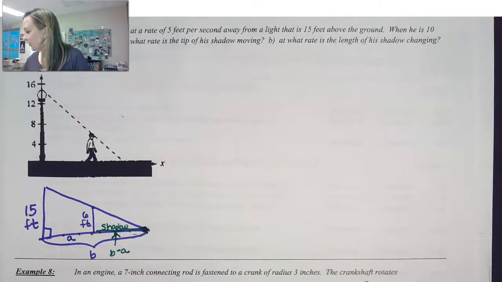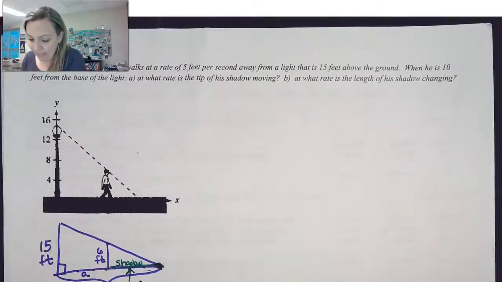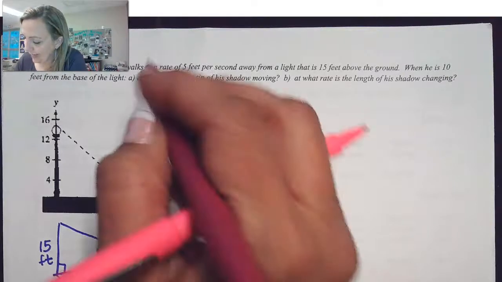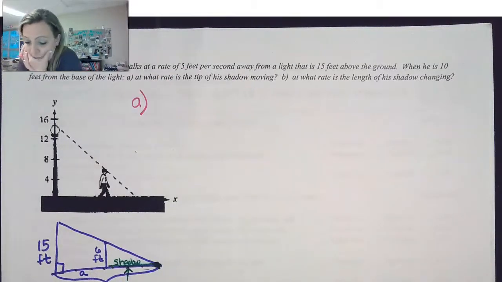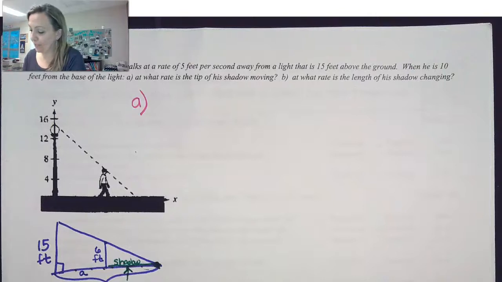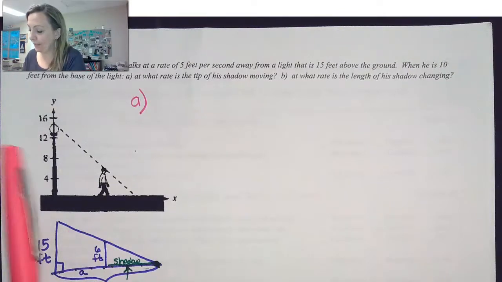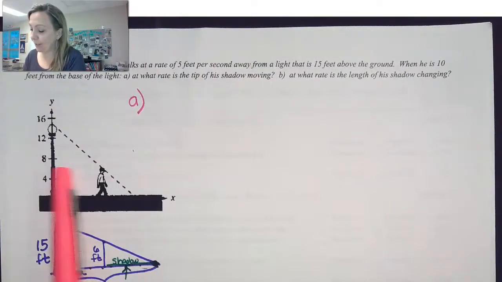All right, so let's deal with letter A first, the tip of his shadow that's moving. I see that I have similar triangles, because the man and the light post are parallel to each other.